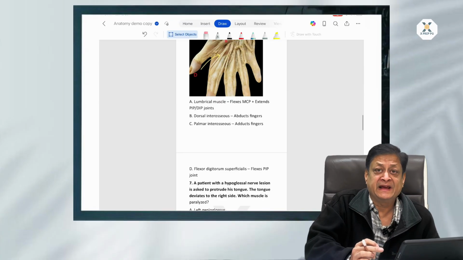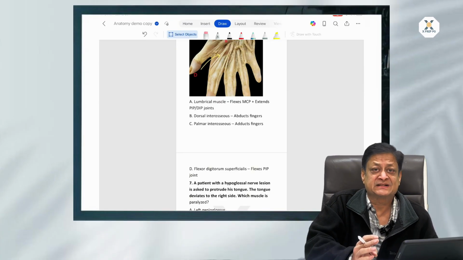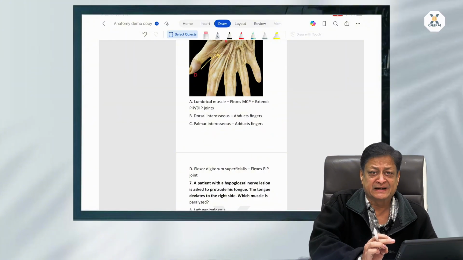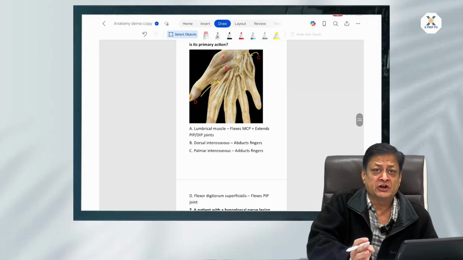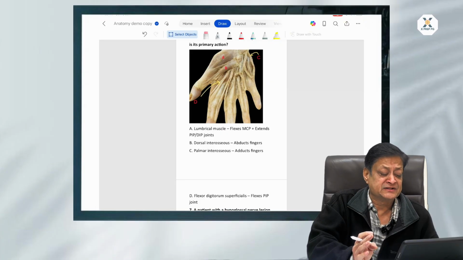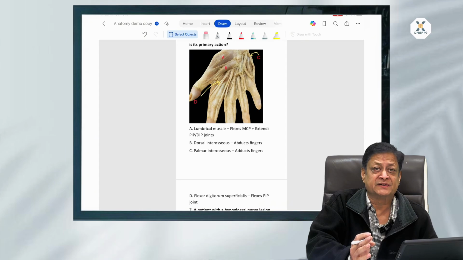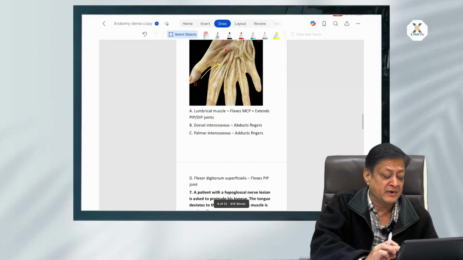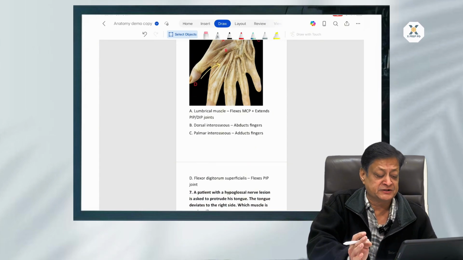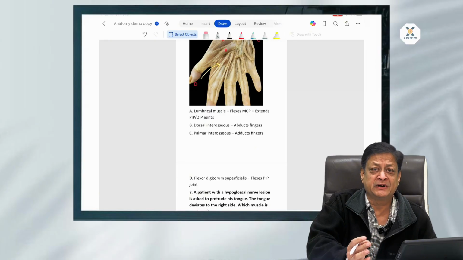The choices are A, lumbrical muscle, it flexes the metacarpophalangeal joint and extends the proximal and distal interphalangeal joints. That is the correct answer. Dorsal interossei, on the other hand, are concerned with abduction of fingers. Palmar interossei are concerned with adduction of fingers, while flexor digitorum superficialis flexes the proximal interphalangeal joint.